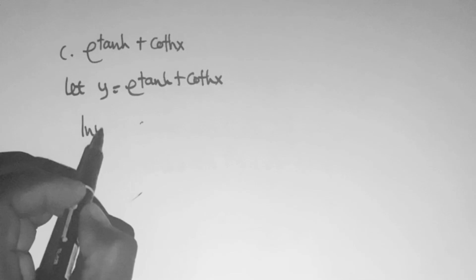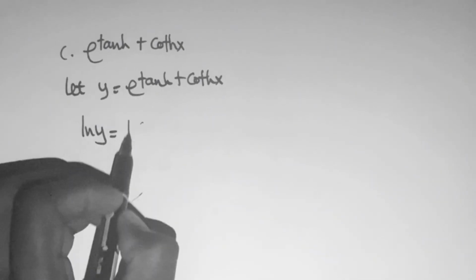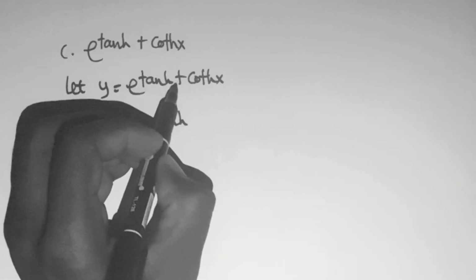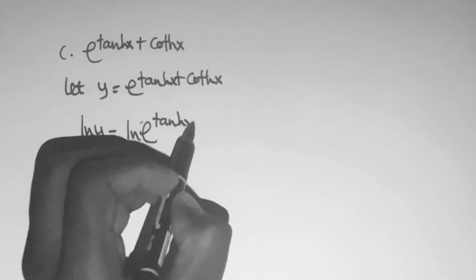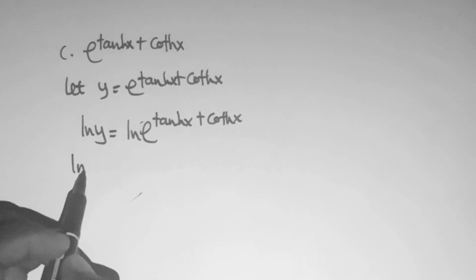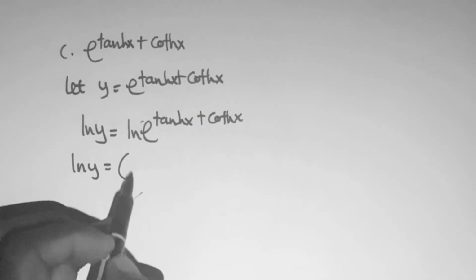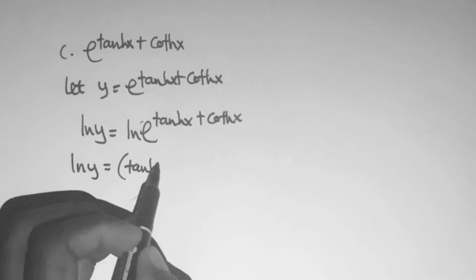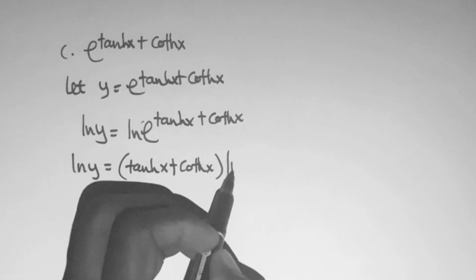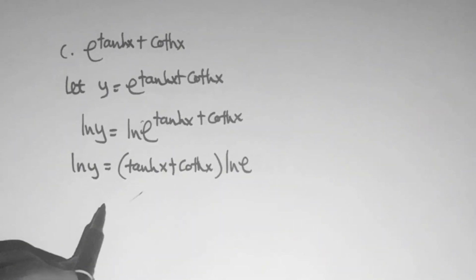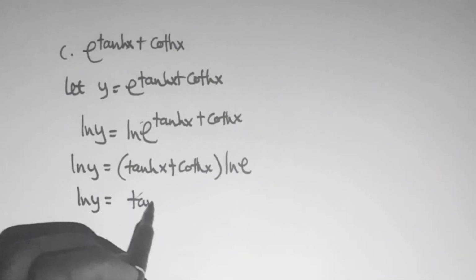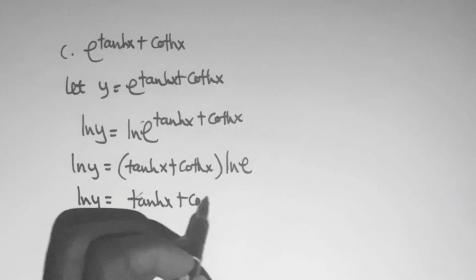So let's find the natural log of y, which is equal to natural log of e to the power of tanh x plus coth x. So the natural log of y is equal to, in bracket, tanh x plus coth x, times natural log of e, and ln e is 1. So ln y is equal to tanh x plus coth x.